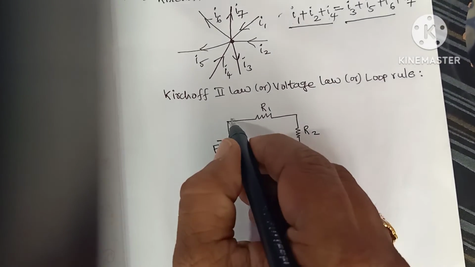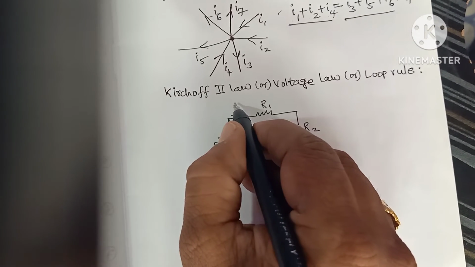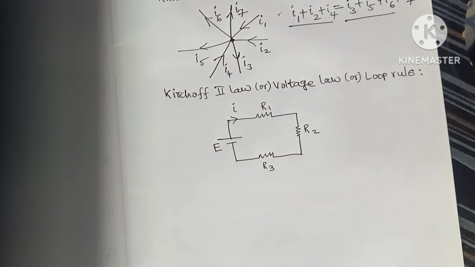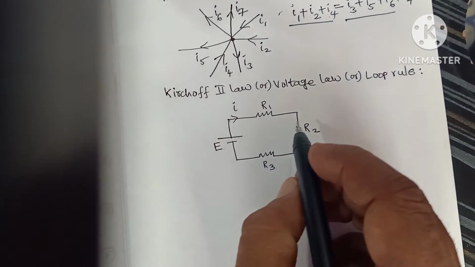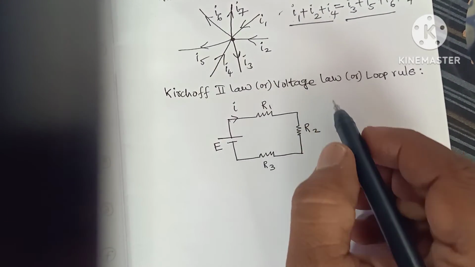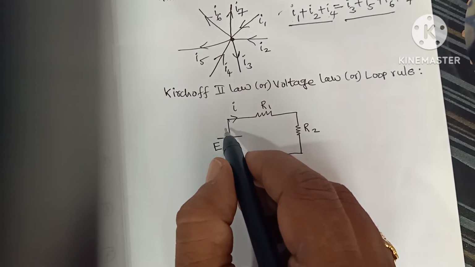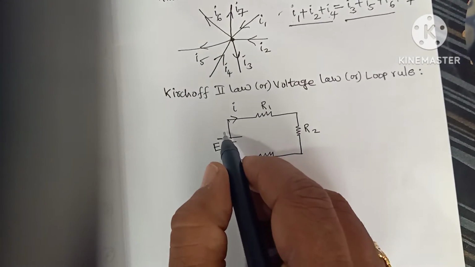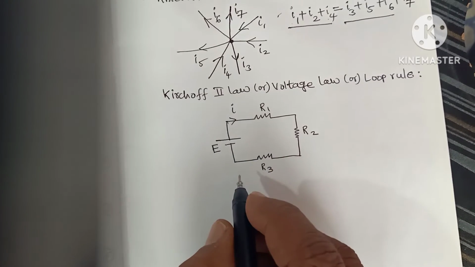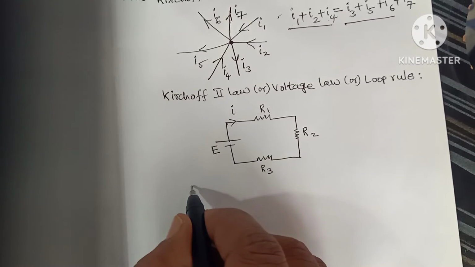Now if a current I is flowing in the circuit at any particular instant of time, what this voltage law or loop rule says is the algebraic sum of all the potentials inside a closed circuit is equal to 0.